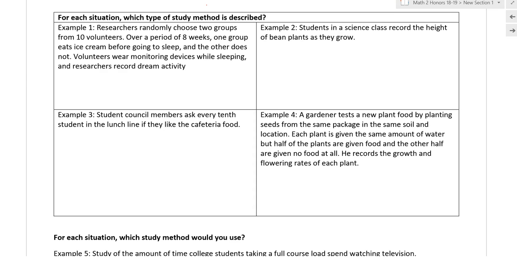Okay. So this is an example of an experiment, changing the behavior of one group. Right, that's the biggest thing, is I'm actually asking them to change their behavior so I can see what happens.